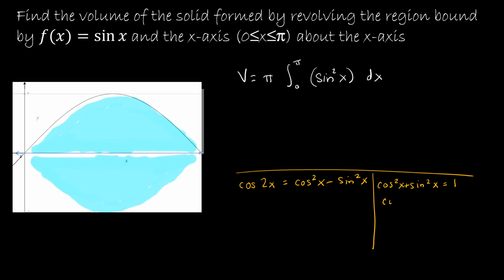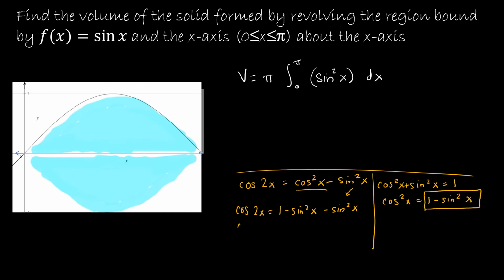So if I try to get cosine squared x alone, I would end up with 1 minus sine squared x is cosine squared x. So I'm going to take this expression and replace it over here for cosine squared x. So cosine of 2x is equal to 1 minus sine squared x by substitution, and then just bring down the minus sine squared x.